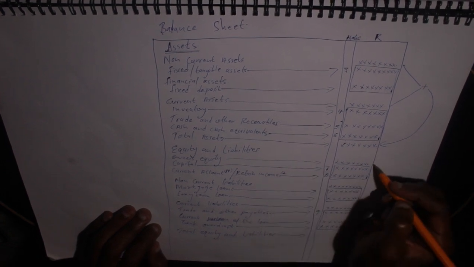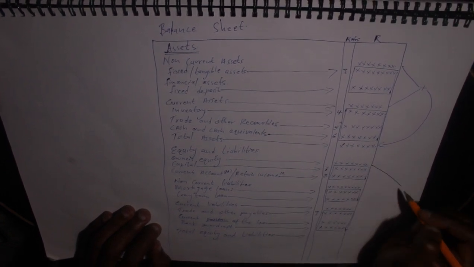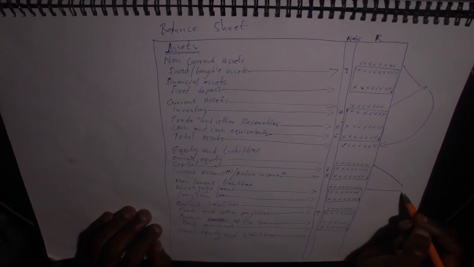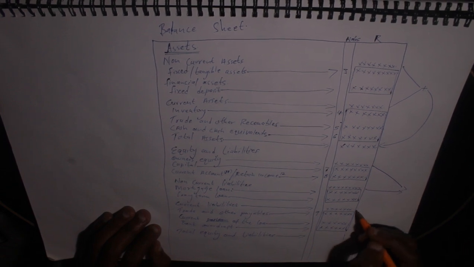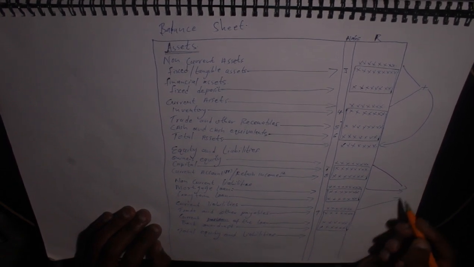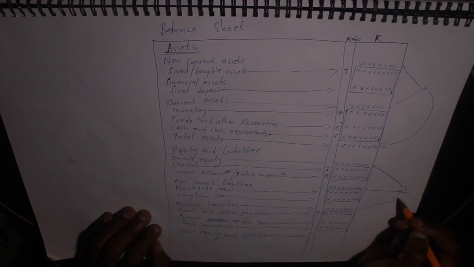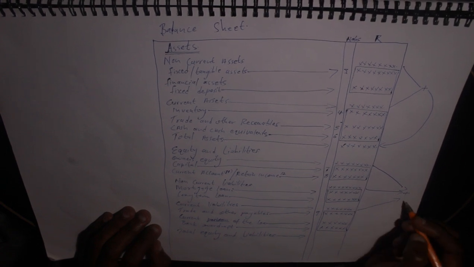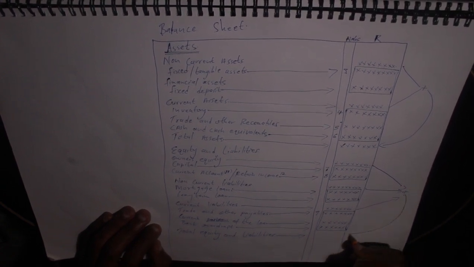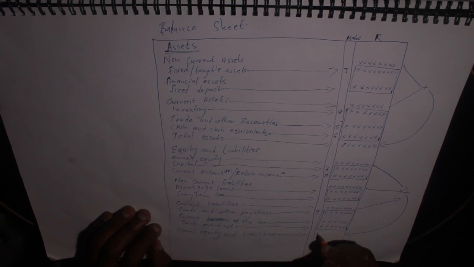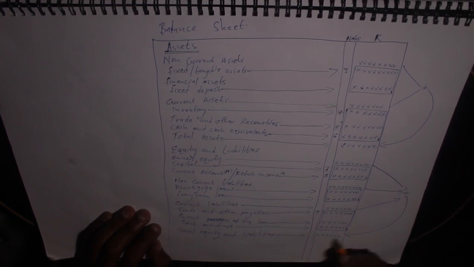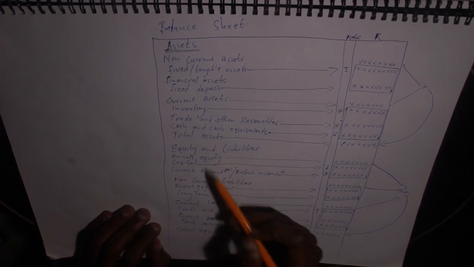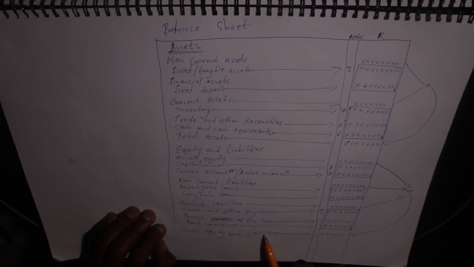You're simply going to add your owner's equity. You're also going to add your non-current liability, and then you're going to add your current liability. Adding 1, 2, 3. Owner's equity, non-current liability, and current liability. The total, you take it as it is, you put it there on your total equity and liabilities. Remember, your liabilities are made out of current liabilities and non-current liabilities, and equity is just equity. That's why we call it total equity and liabilities.